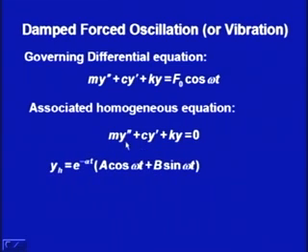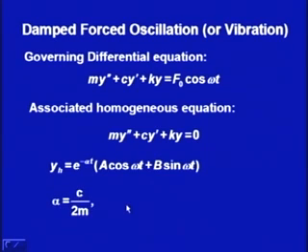Suppose that this equation has complex roots, that is, its characteristic equation has complex roots, then the solution would be e to the power minus alpha t times a cos omega t plus b sin omega t, where alpha would be c by 2m and omega would be 1 upon 2m square root of 4mk minus c square.